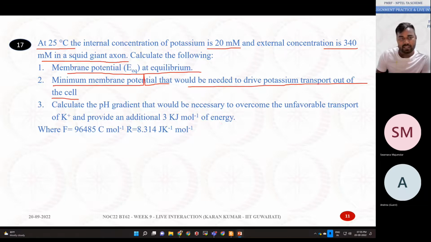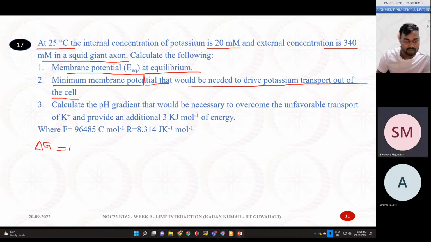The mathematical expression that I showed you in the previous questions will be applicable to solve this kind of question. Help me write down that equation. That equation is delta G equals, can you recall? Delta G equals RT ln, very good, then ion concentration inside by ion concentration outside.